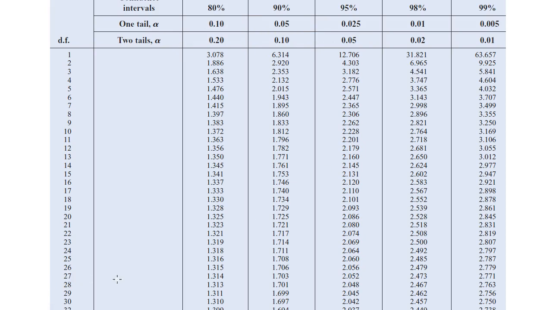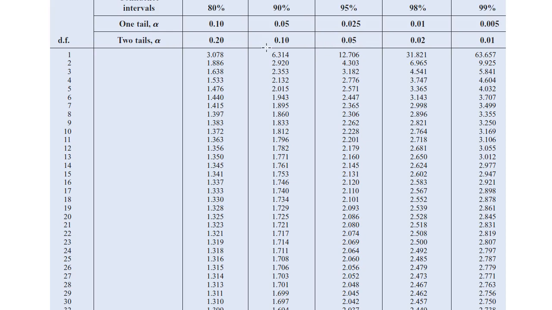So if degrees of freedom are 27, 1.945 is between this 1.703 and 2.052. 1.9 whatever is between these two values, right? And if we're talking about a two-tailed test, it's between these two values.